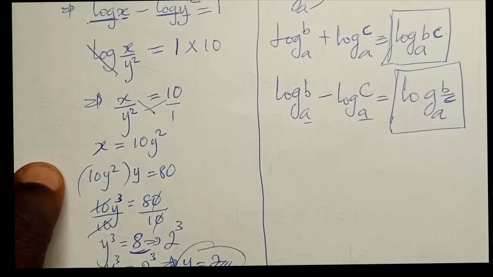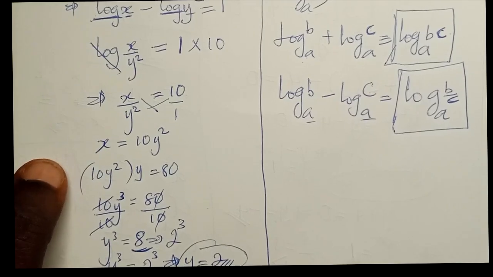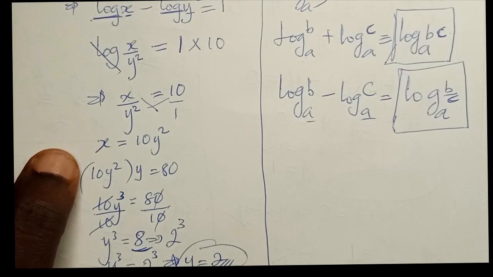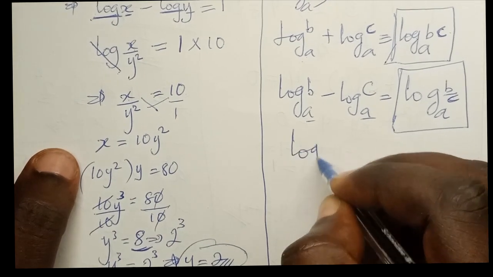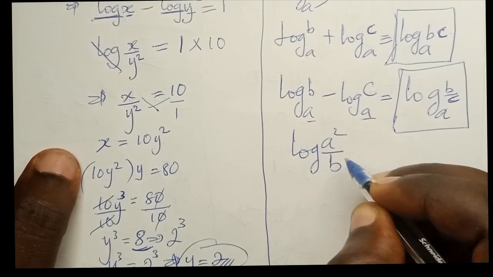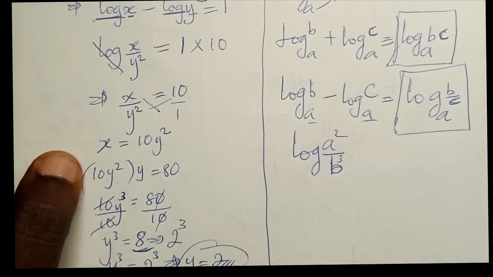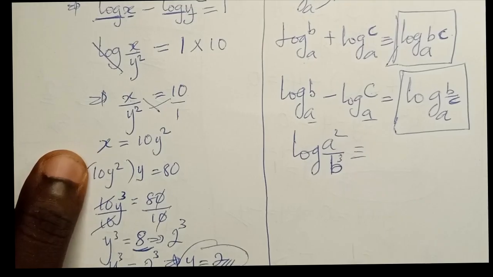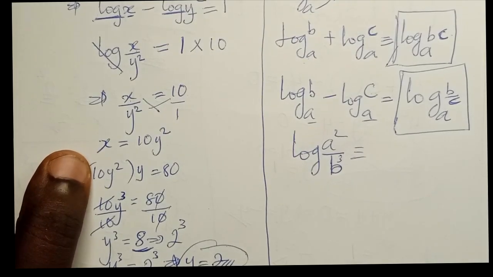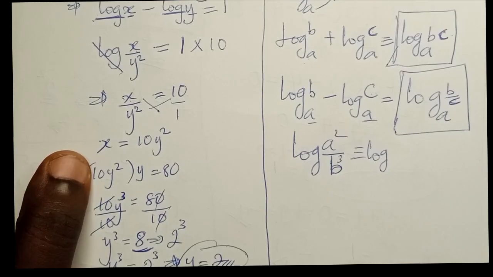Then we are going to use the next rule, which states the division where the terms have powers. As an example, log of a squared divided by b cubed. Since it is division, we take a minus sign. Since it's in base 10, without the base written here, you can just write it as log.